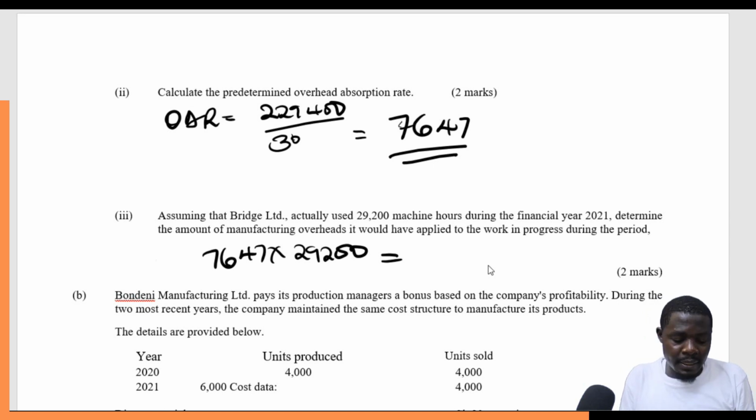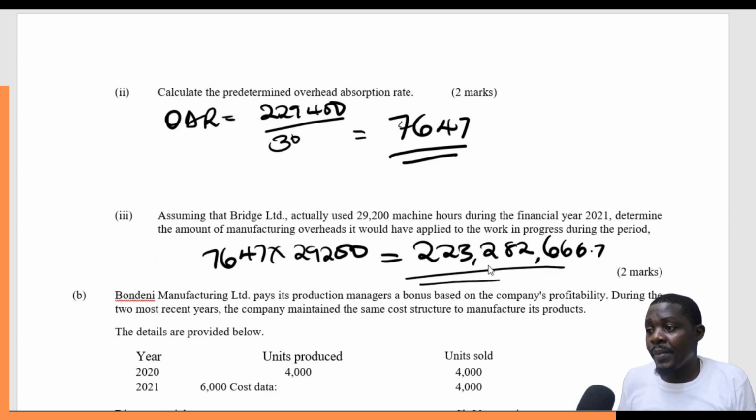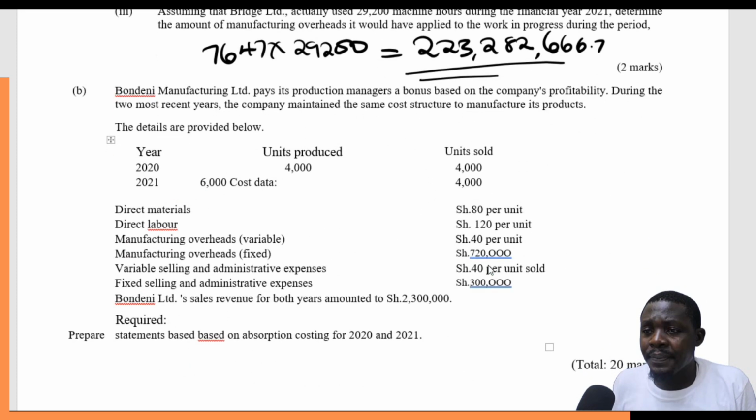That's it, the answer. We have 223,282,666.70. Correct.